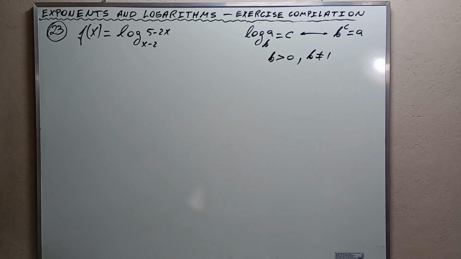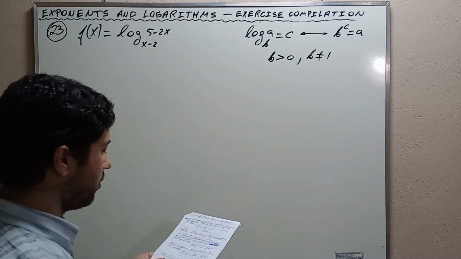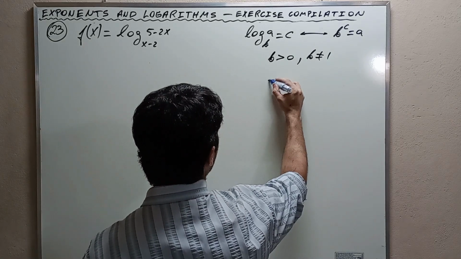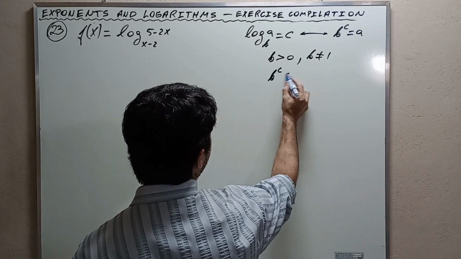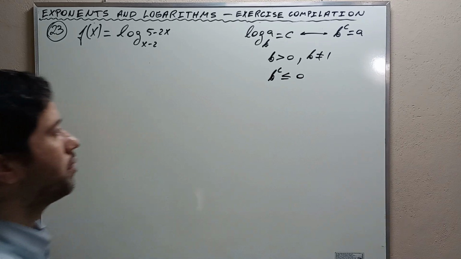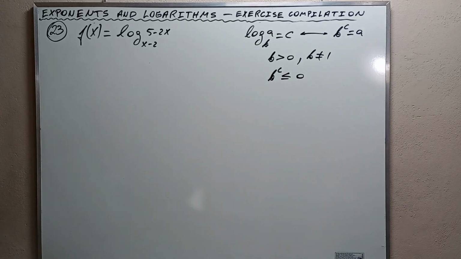This is the condition, and this is the very definition. As a consequence, there is no number c that makes this true: b raised to the power of c less than or equal to 0. Okay?